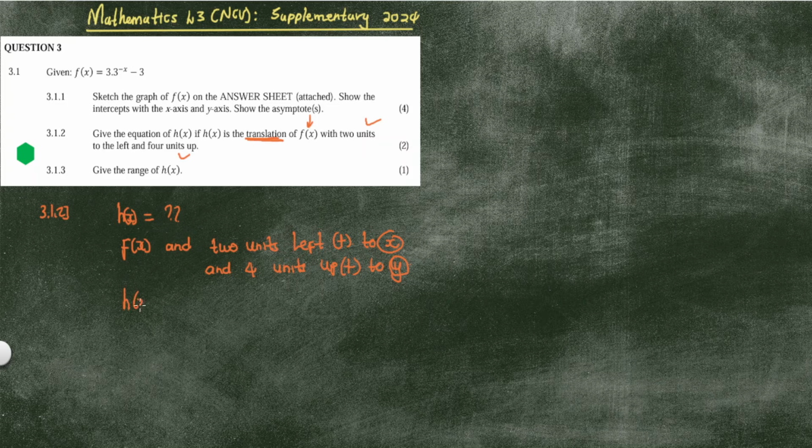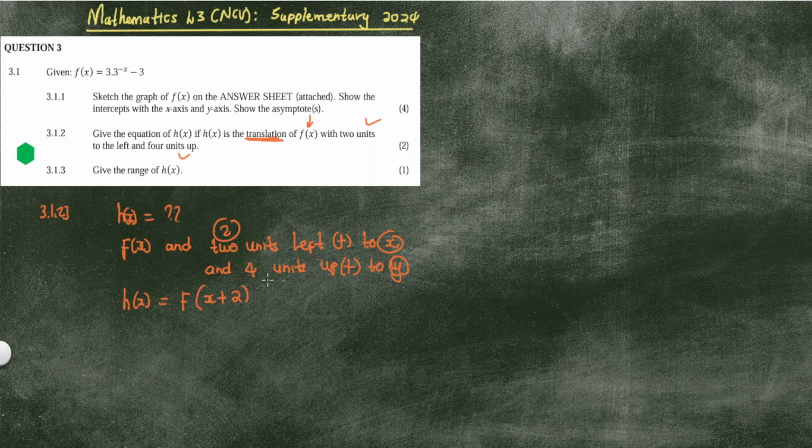Now let's write down the equation. For h of x, you are basically gonna take f of x and add how many units? 2 units left, so you're gonna add 2 units to x.